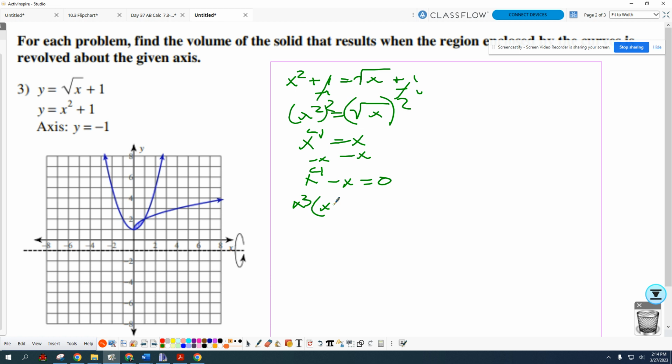Yes. X cubed does not come out of both. X does.